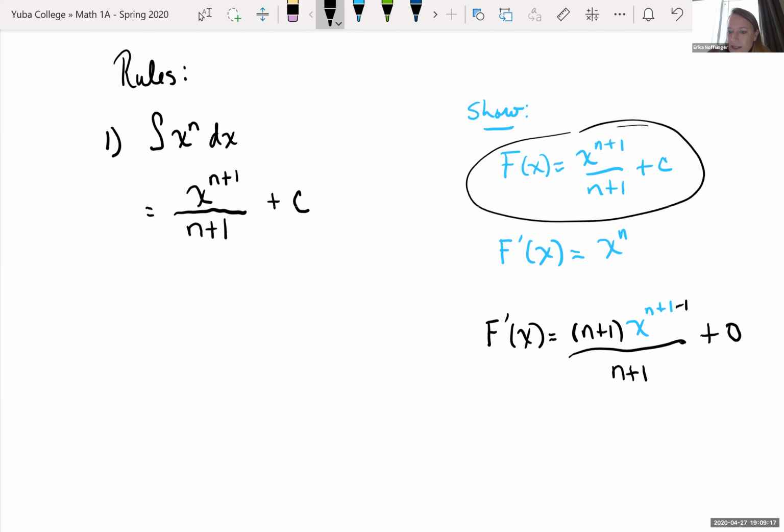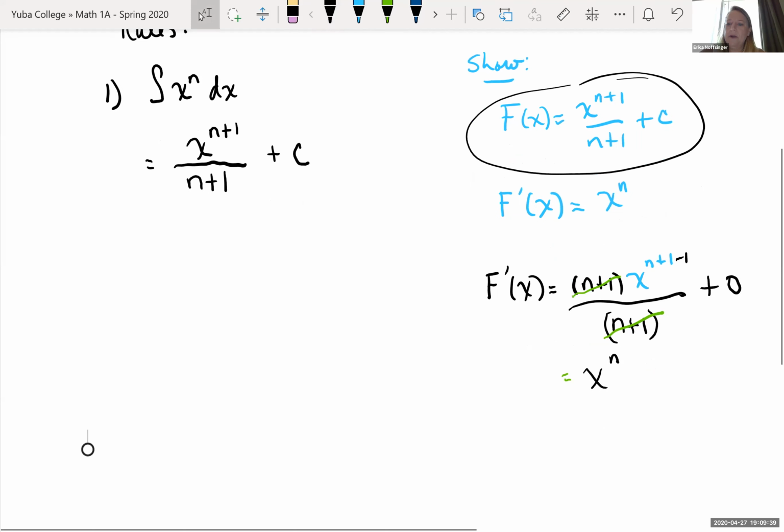So notice that this simplifies. My n plus 1 in my numerator cancels with the n plus 1 in the denominator. If I simplify my exponent, n plus 1 minus 1 is just x to the n. Notice this is equal to my original function, f of x.